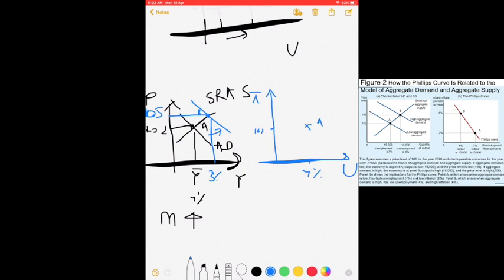When the government moves the aggregate demand forward to this new aggregate demand, prices increase to 105, but unemployment falls to 3%. If you plot this new point, this is the new combination of price levels and unemployment. Connecting these 2 points gives you the Phillips curve.